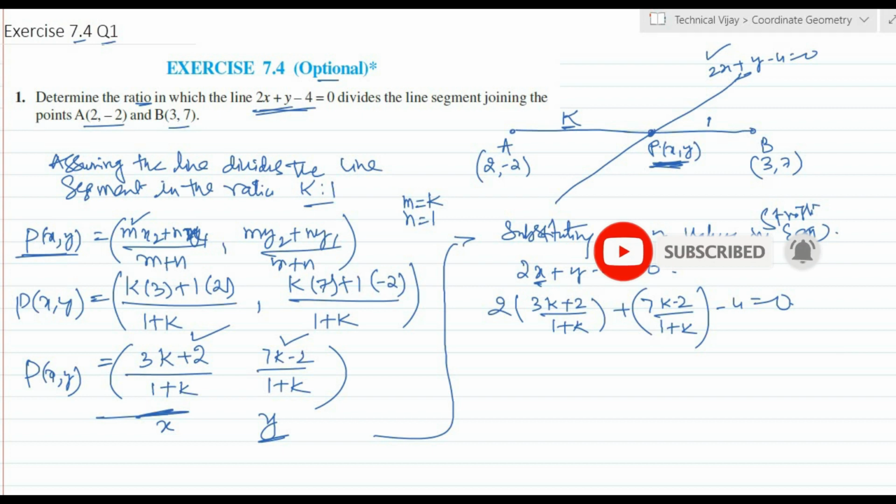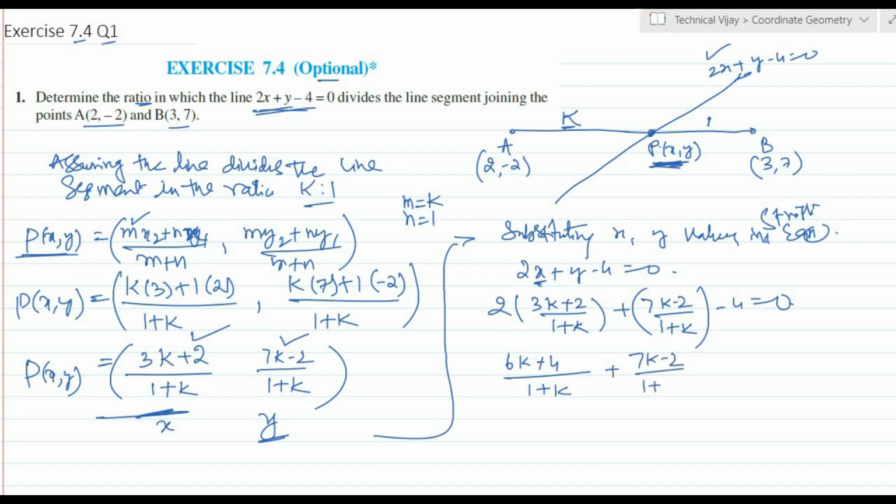Here 2 into 3k is 6k plus 4, divided by 1 plus k, plus (7k minus 2) divided by 1 plus k, minus 4 equal to 0. 1 plus k will be the LCM. So 6k plus 4 plus 7k minus 2, minus 4 into (1 plus k), that is minus 4 minus 4k, equal to 0.